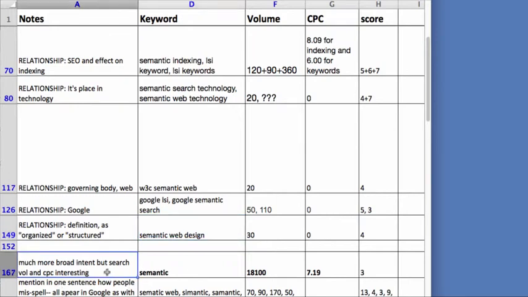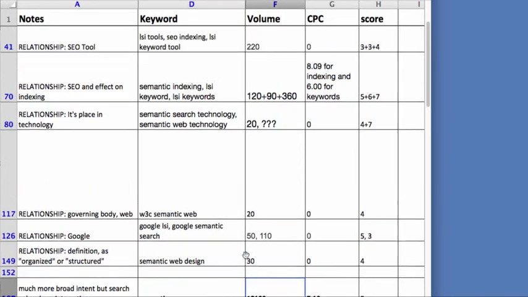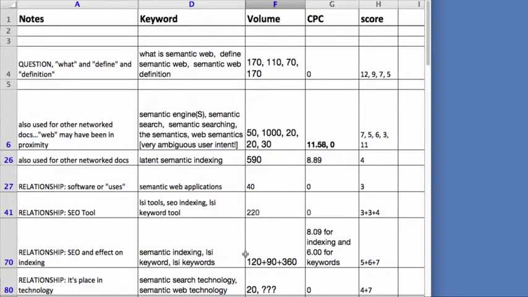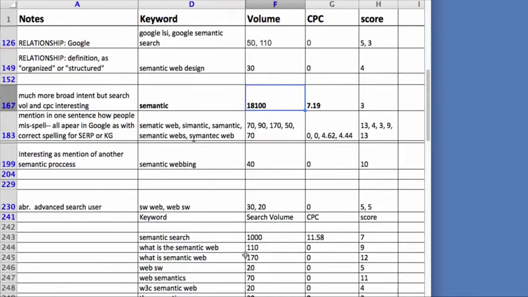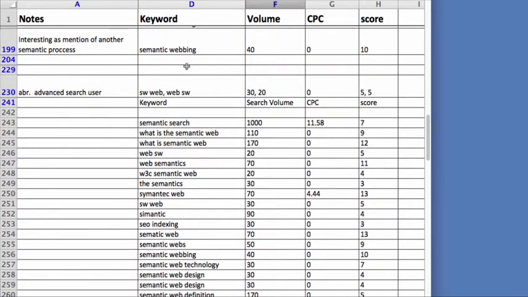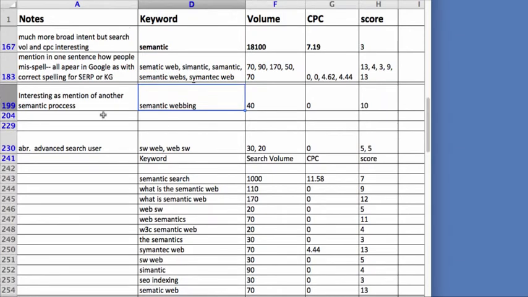Down here, a much more broad intent, but search volume and CPC is interesting. So, this is where you can understand the really big volume for the overall word that covers so much more. Down here, I have semantic webbing. And that's interesting because it's actually a mention of another semantic process.